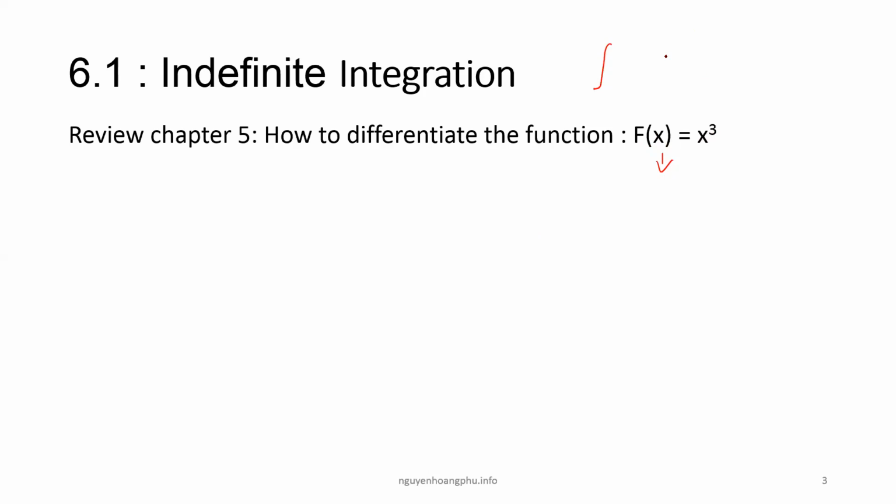We have the derivative of x^n equal to n times x^(n-1), multiplied by the derivative of x, which here is equal to 1, right?